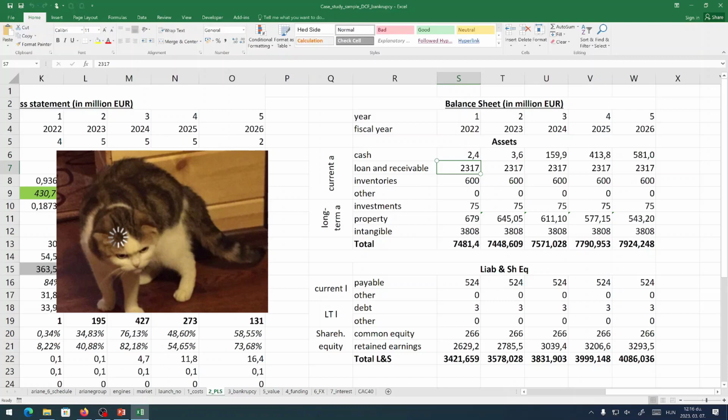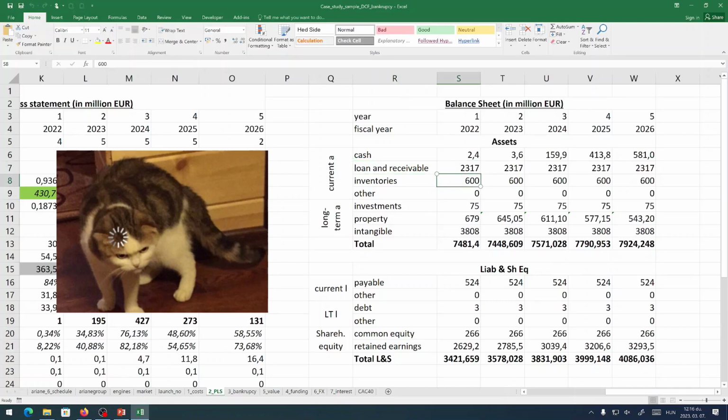It doesn't have complete autonomy, I think. So this loan and receivable can be towards the main partners, but the main business partner is the European Space Agency or some other business partners. So yeah, it's hard to determine what is happening here.